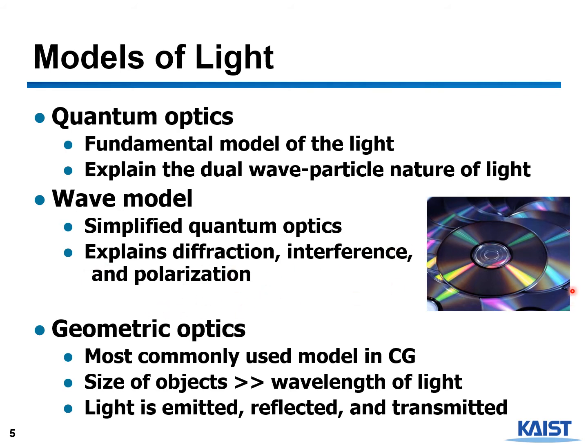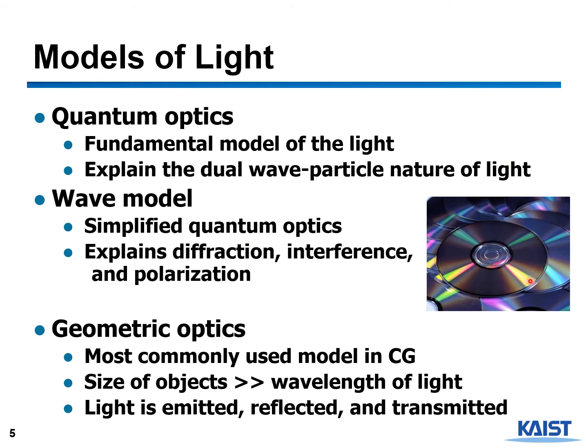I don't think that we are using the CD anymore. But if you had a chance to look at the backside of a CD, you can see this kind of color pattern, right? That's the feature of the wave property of light. This is known as diffraction.